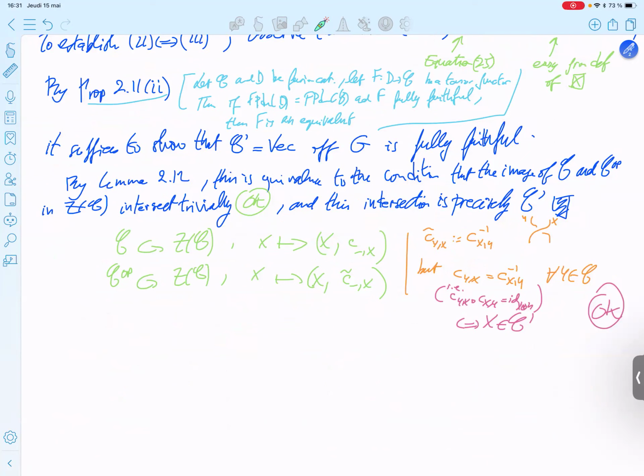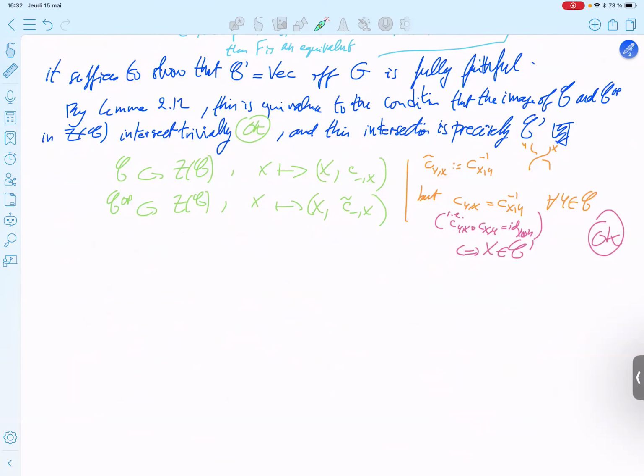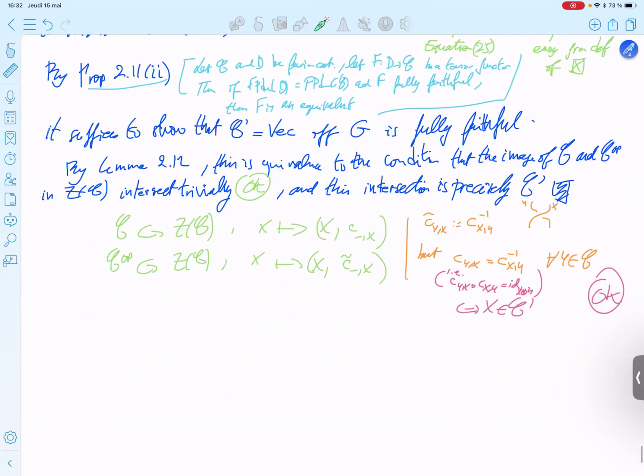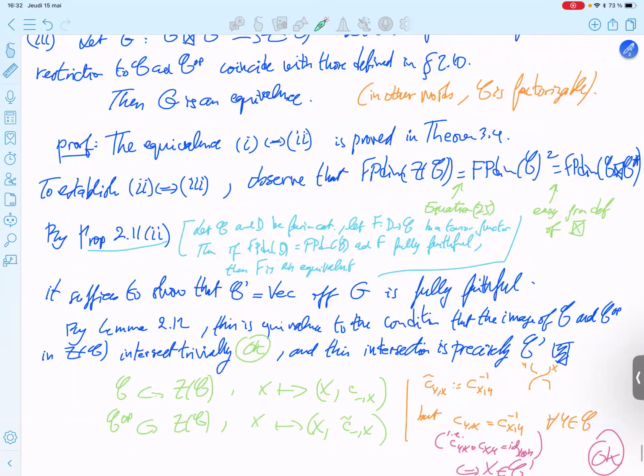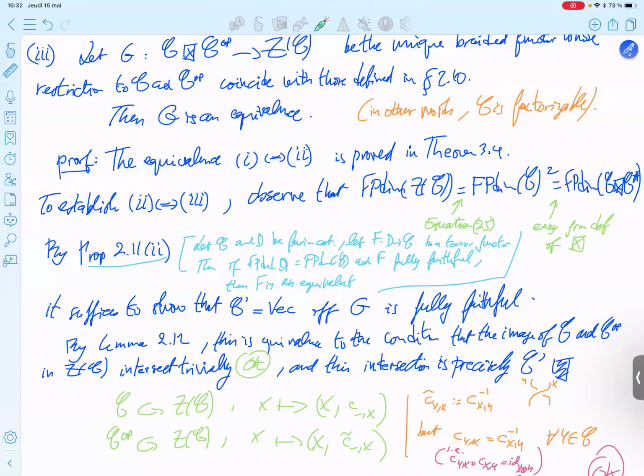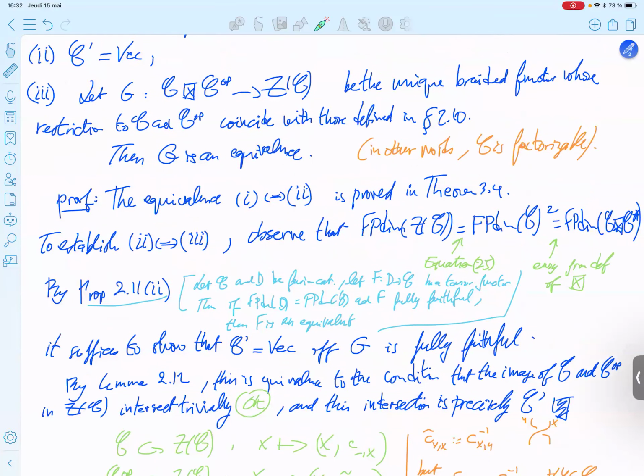Okay. So, remark. So the first part of this remark is saying that the existence of this is evident since C and C op centralize each other. So I am not sure I understand what it means that the existence is evident.